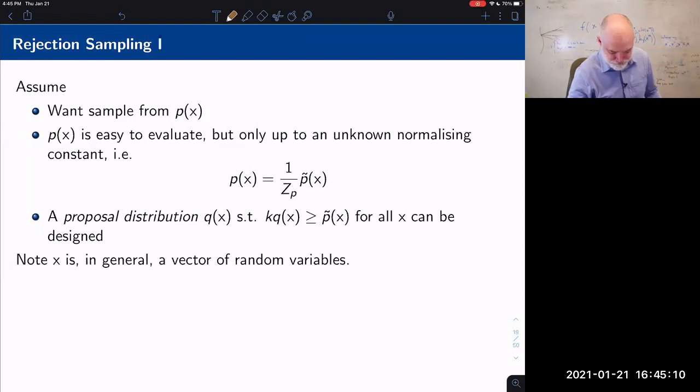So cool. Now, when we're doing rejection sampling, we also need a proposal distribution, and we're going to talk about proposal distributions all the time through the course, but this is the first time.